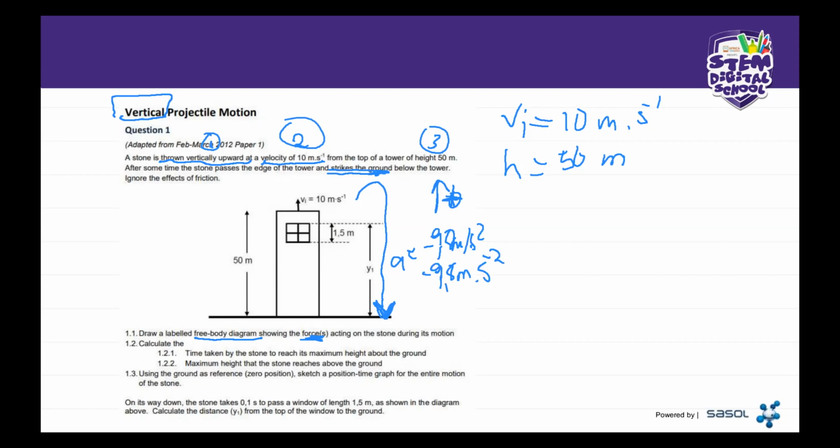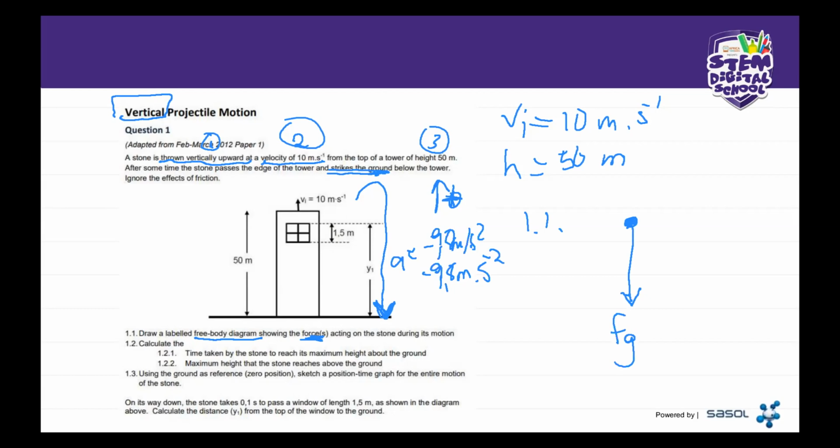Here there's only one type of force that we have, and it's the force of gravity. So how are we going to draw our free body diagram for 1.1? It's going to be just a single straight line, and then we're going to write there force of gravity.